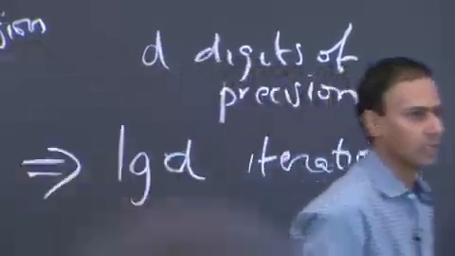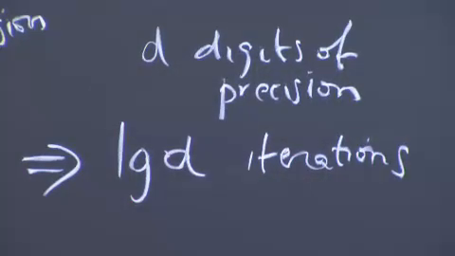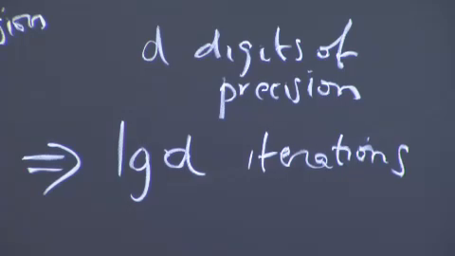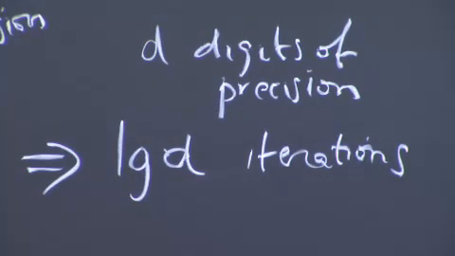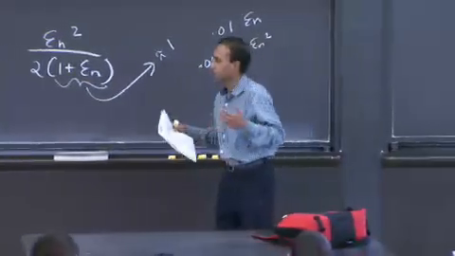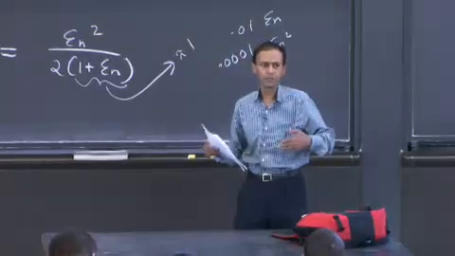So that's kind of nice. You have a logarithmic number of iterations. I'm going to get back to that. There's one little subtlety associated with asymptotic analysis that goes beyond simply the number of iterations and the digits of precision. But so far, so good. We're happy with this logarithmic number of iterations.